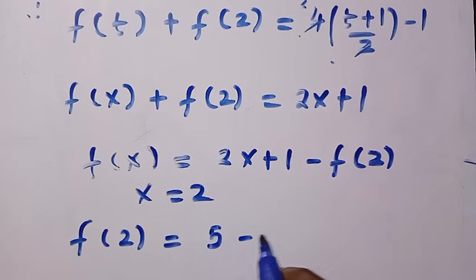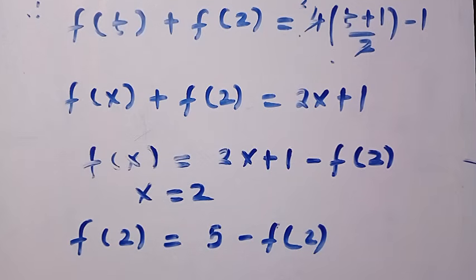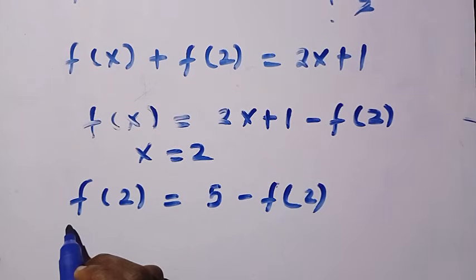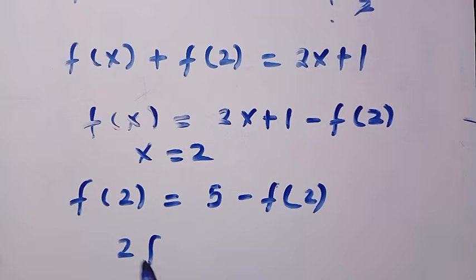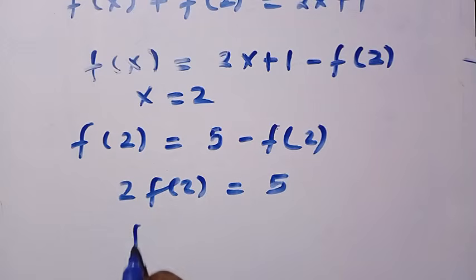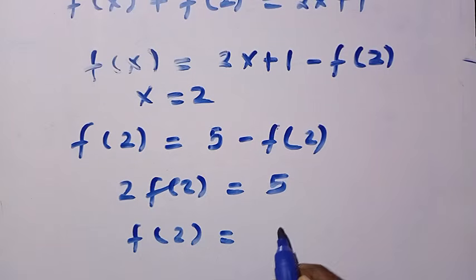We have it as 5 minus f of 2. So we take this f of 2 here, and we have 2 f of 2 equals 5. Dividing both sides by 2, we have f of 2 equals 5 over 2.